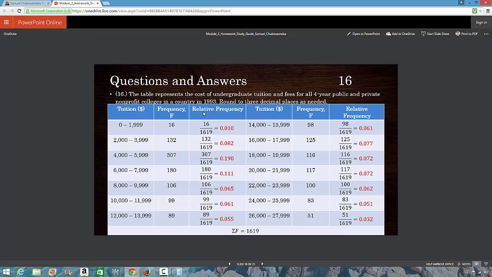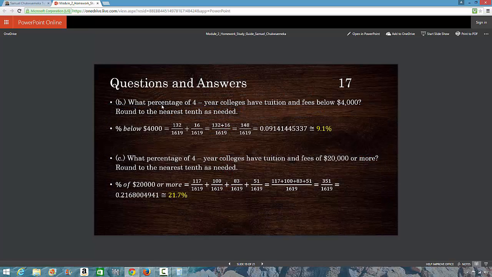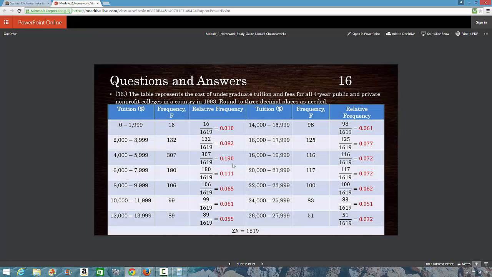So we constructed the relative frequency: as usual, you find the total and you divide each frequency by the total. The next question says, what percentage of four-year colleges have tuition and fees below $4,000? Round to the nearest tenth as needed.